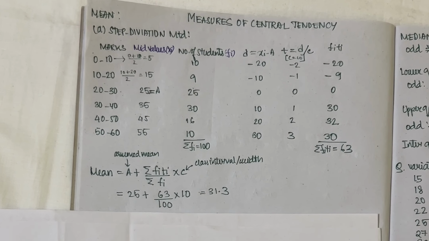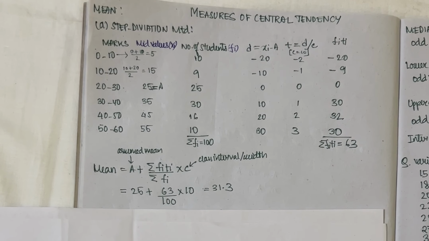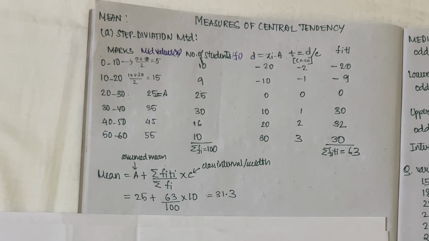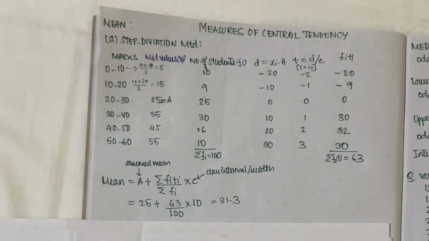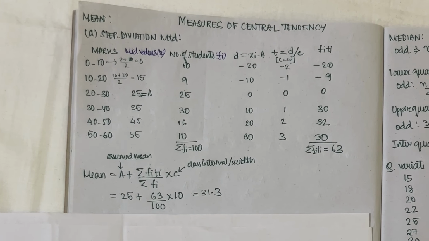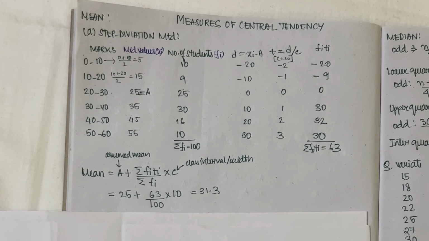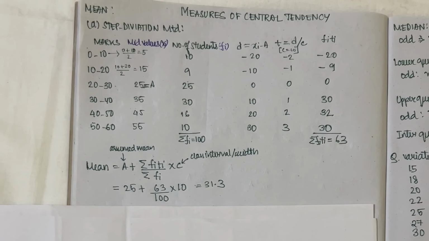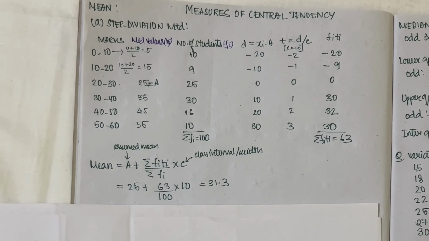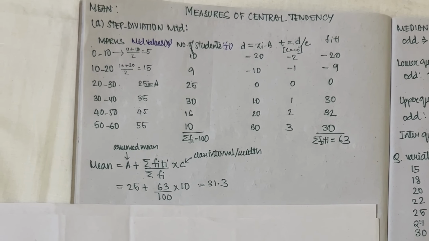Now we take a mid value from it, that is the assumed mean, which you can see is 25, equal to A. Number of students are provided and we need to find their summation, that comes to a total of 100. Now D, that is the deviation. For this we have to take x minus A. So x minus A gives minus 20, then minus 10, 0, 10, 20, 30.